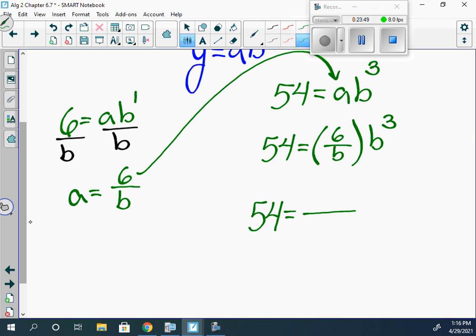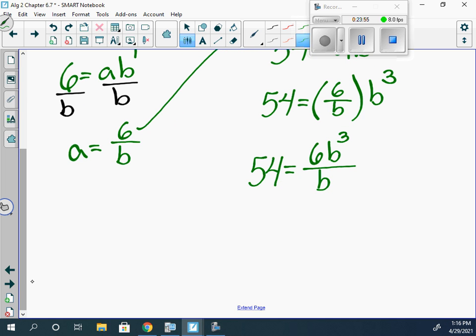Now we can multiply these together and get 6b cubed divided by b. What is b cubed divided by b? B squared, because the b on the bottom will take out one of the b's on top and leave me with b squared.